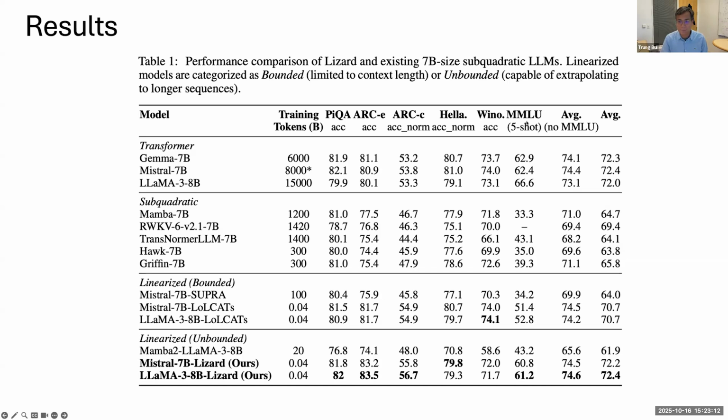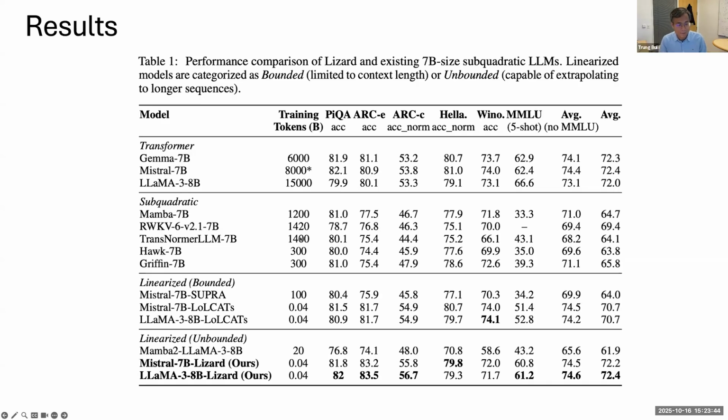The very important metric here is MMLU, a benchmark of 57 tasks that measures the performance of LLMs. We also compare with other subquadratic softmax methods here, for example, Mamba, and other recent methods.